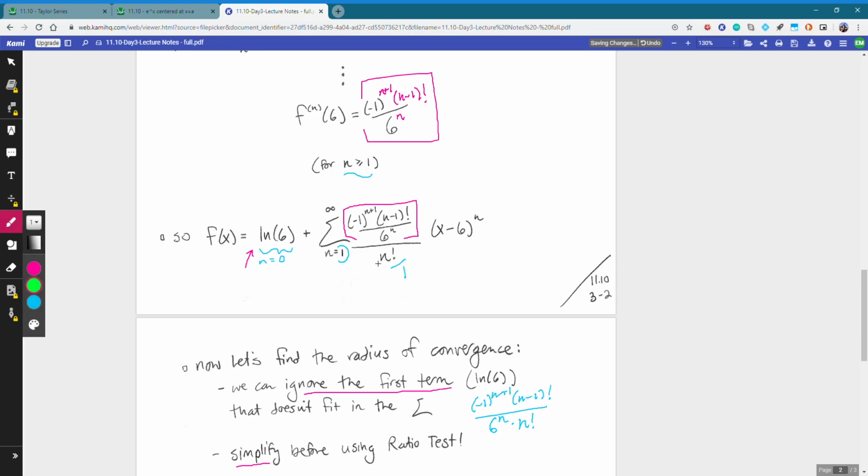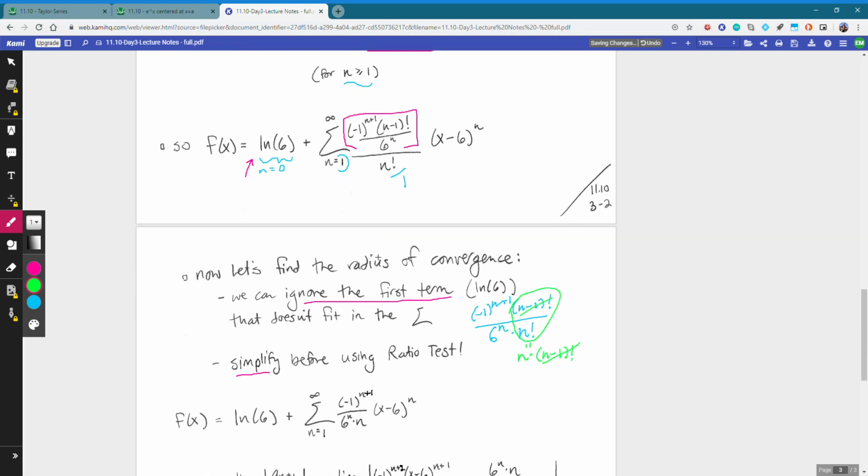And notice what's going to happen here, this thing that we've seen before, this n factorial on the bottom with the n minus 1 factorial up top. That's going to nicely simplify. n factorial we can write as n times (n minus 1) factorial, and so our n minus 1 factorials will just cancel, and we're left with just an n in the denominator, which is much nicer to look at.